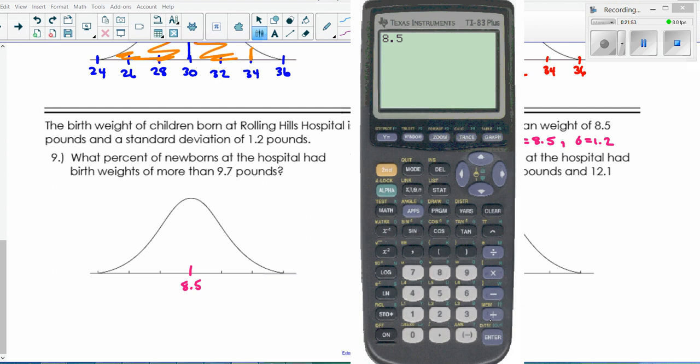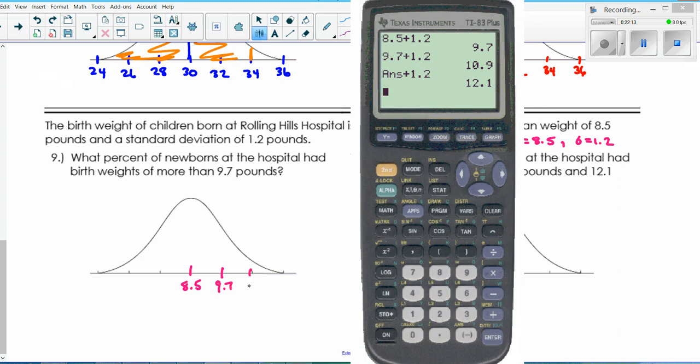Alright, so we have 8.5 plus. Go ahead and fill out yours, and then double check to make sure your numbers match mine.